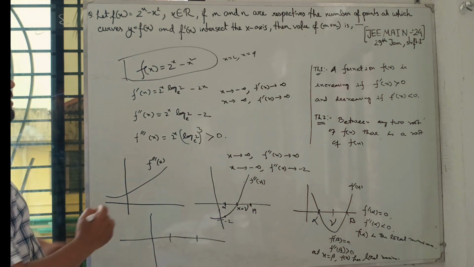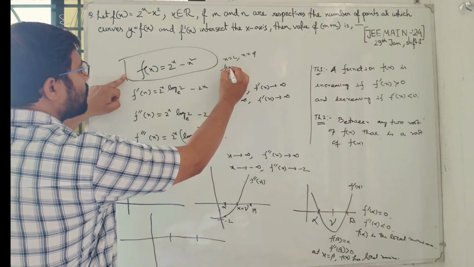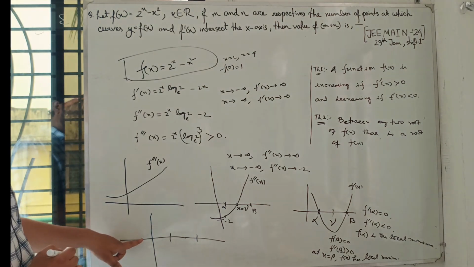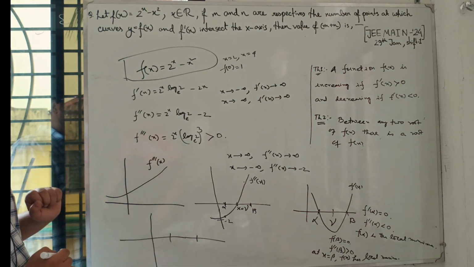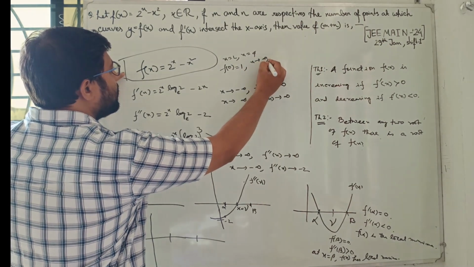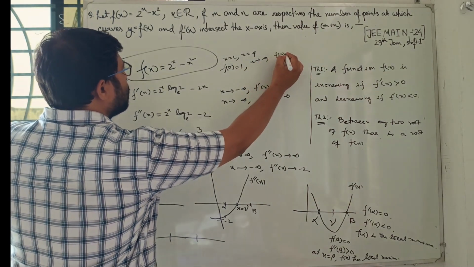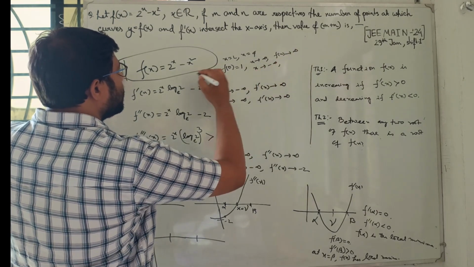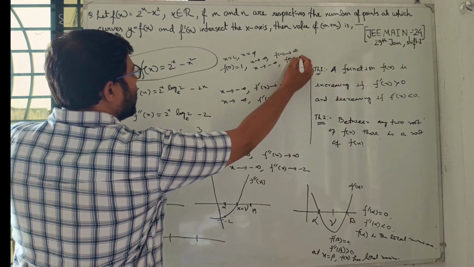Now as we can see that f(0) is 1, so at x equal to 0 the function must be positive, and as x tends to infinity, f(x) tends to infinity, and as x tends to minus infinity, f(x) tends to minus infinity.